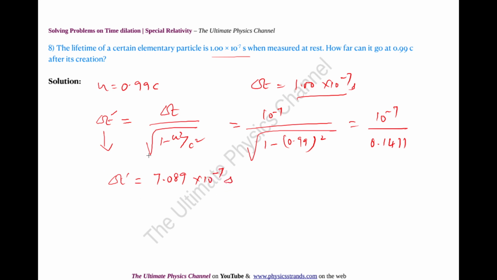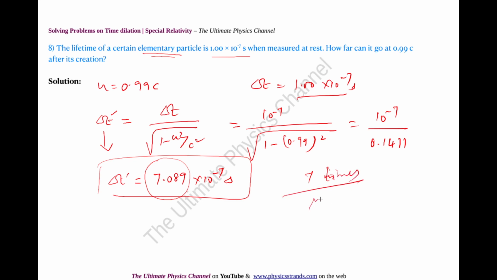So this particle's lifetime dilates by about 7 times in the lab frame. The lifetime increases by 7 times its actual lifetime.